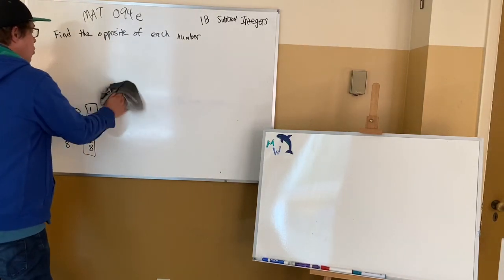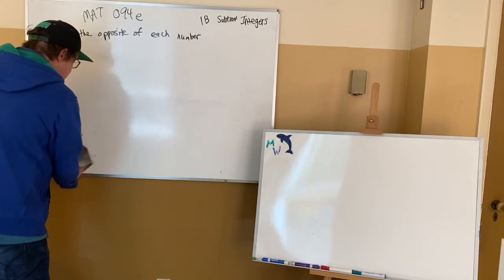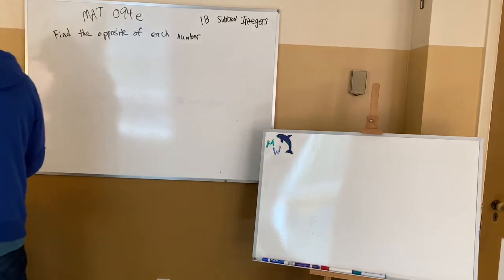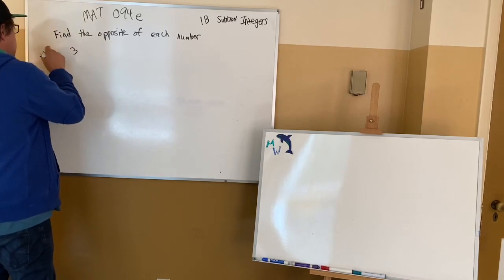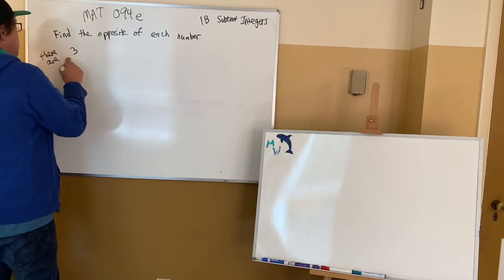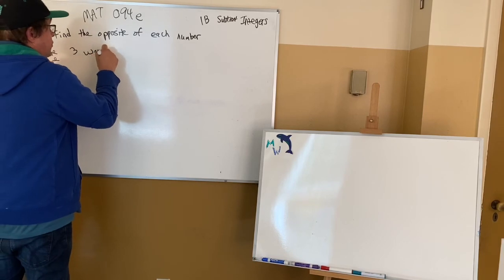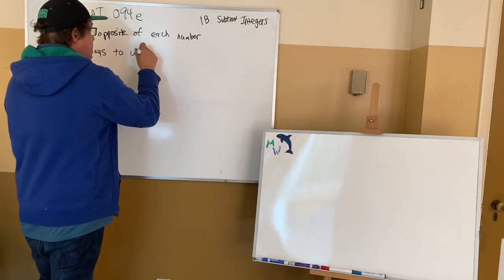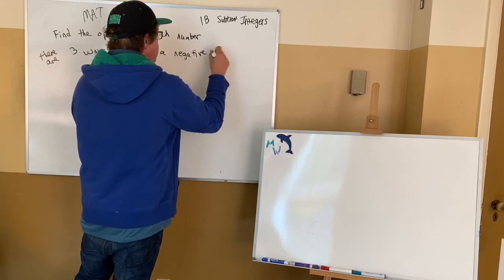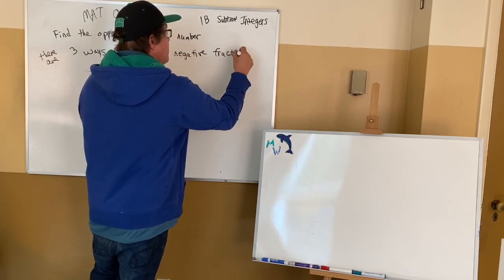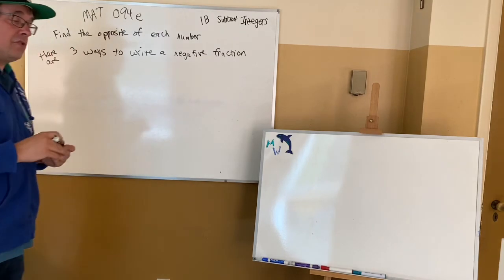I want to make a really important statement here about fractions that are negative. There are 3 places to put your negative sign. There are 3 ways to write a negative fraction. One of them seems to be the easiest, the safest, and in general the best one to work with.